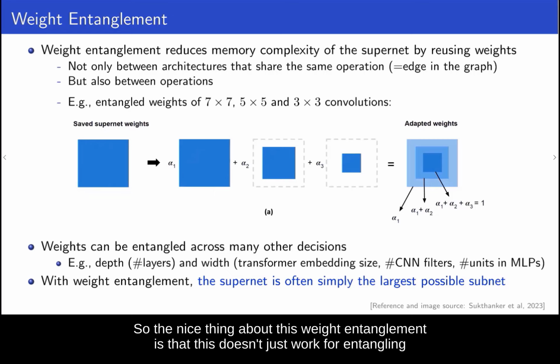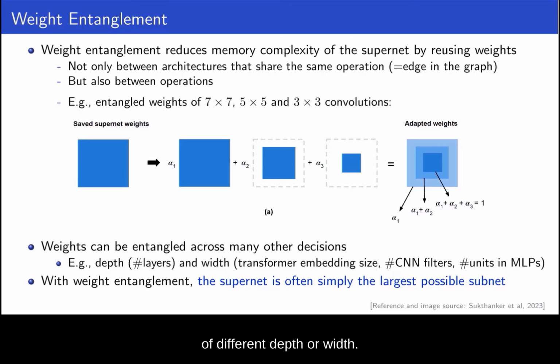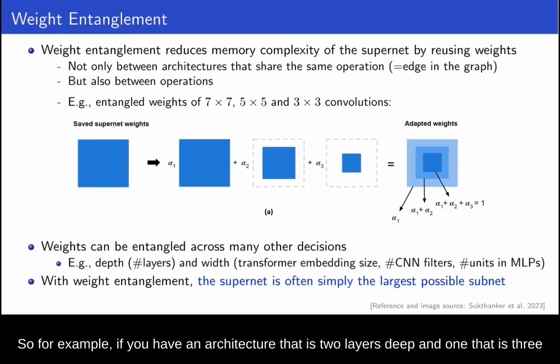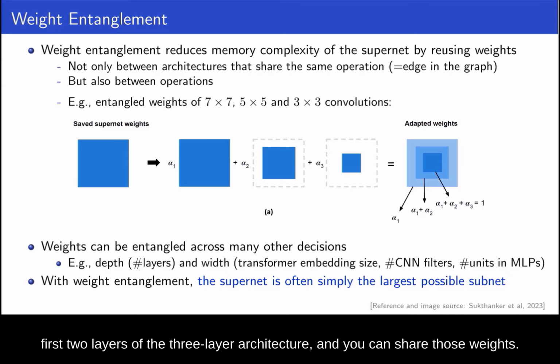The nice thing about this weight entanglement is that it doesn't just work for entangling the weights of convolutions of different sizes, but you can also entangle the weights of architectures of different depth or width. For example, if you have an architecture that is 2 layers deep and one that is 3 layers deep, then the weights of the 2-layer architecture can also be the weights of the first 2 layers of the 3-layer architecture, and you can share those weights.